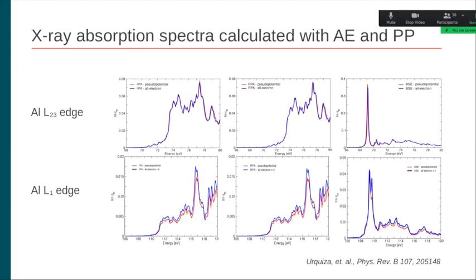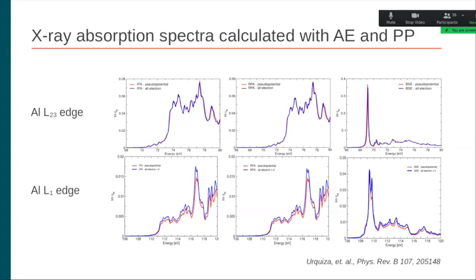It's also the most delicate point, because for the X-ray absorption, and I give here two examples, L2-3 and L1, we have to go high in energy, and we have to test that the pseudopotentials are well converged with the plane waves, and even so, whether the pseudopotentials give a good description of these excitations.